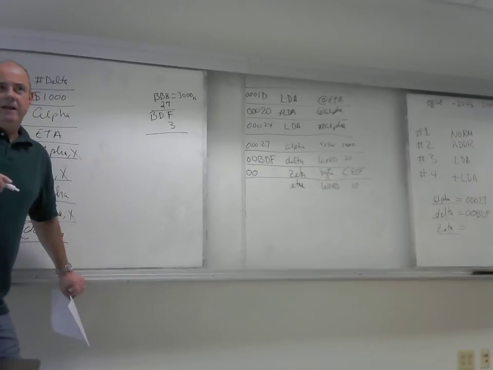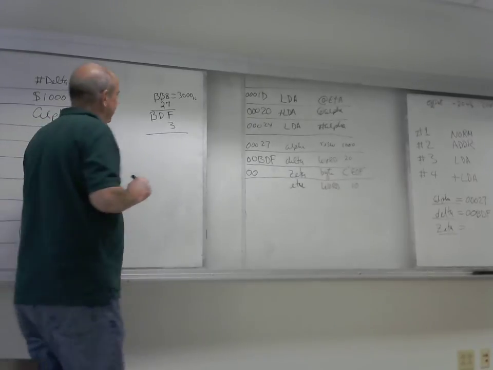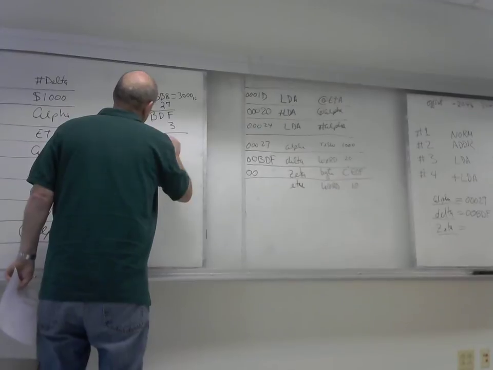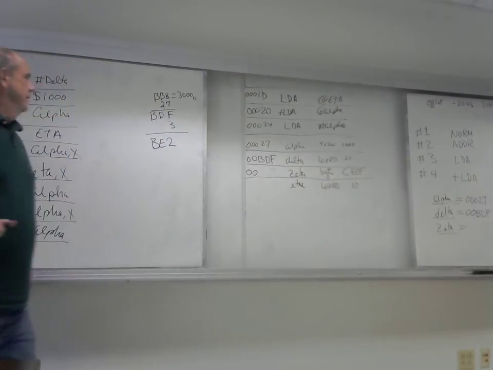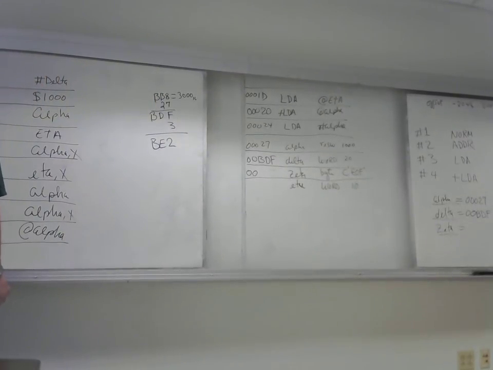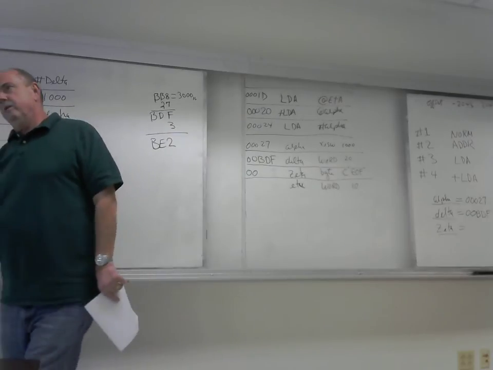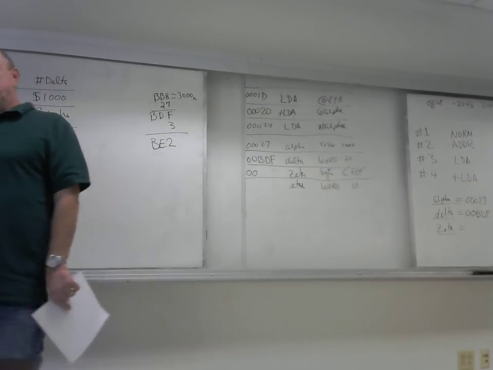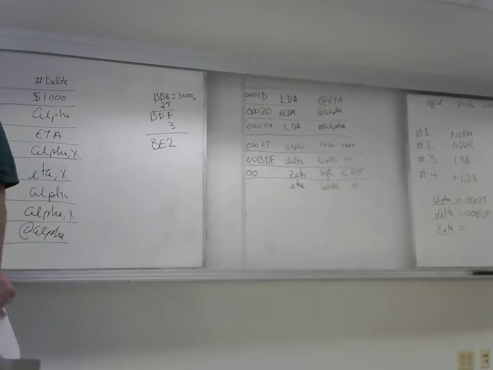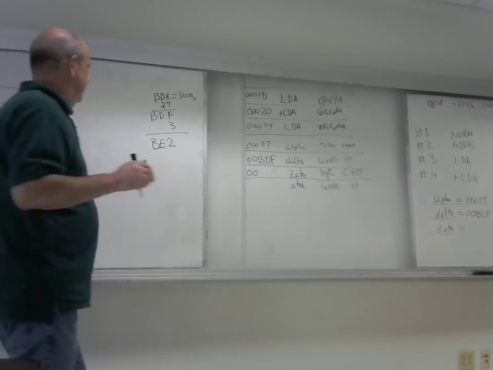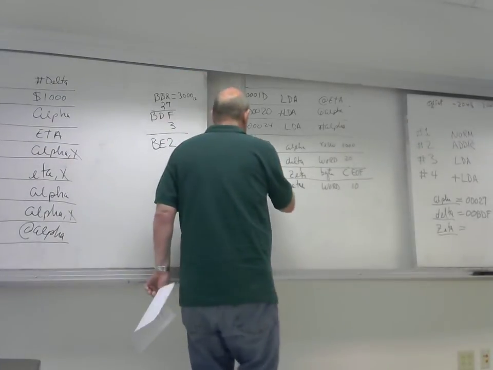A word is 3 bytes. Okay. Is that right? Yes. What's the difference between word and reserve word? Well, reserve word reserves 1,000 words of storage and it's uninitialized. However, word declares a constant, which is 3 bytes and puts a 20 in decimal. So, BE2.